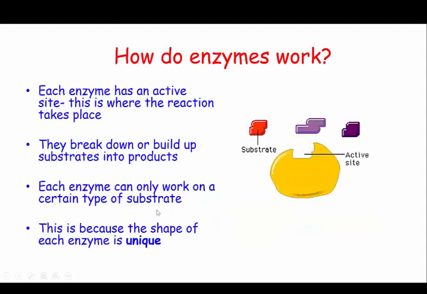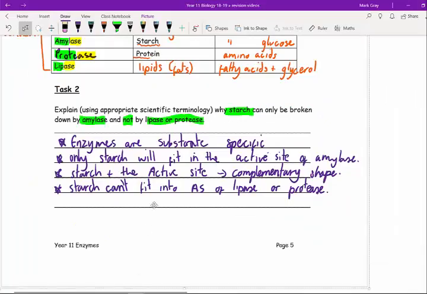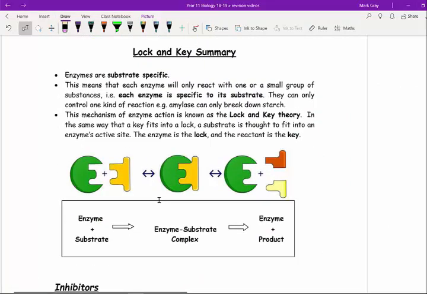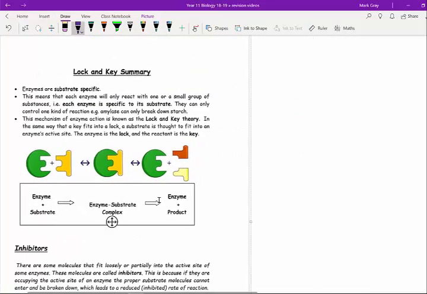Okay? Next little bit is the lock and key summary. If you ever get asked to describe the lock and key theory, these are the main bits. You need to say, once again, enzymes are substrate specific, which means that they can only control one kind of reaction.